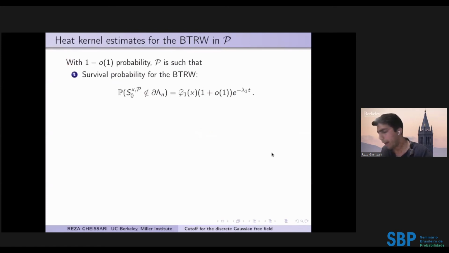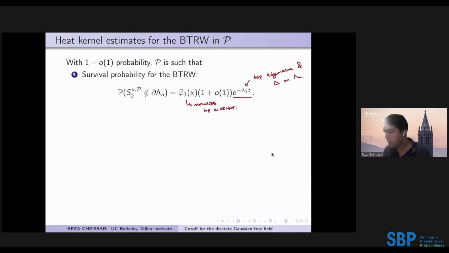we show for this backtracking random walk in the Poisson field. So there's an estimate on the survival probability where we show that it's of the size of, this is the top eigenvalue of the Laplacian on lambda n, and this is its normalized top eigenvector.